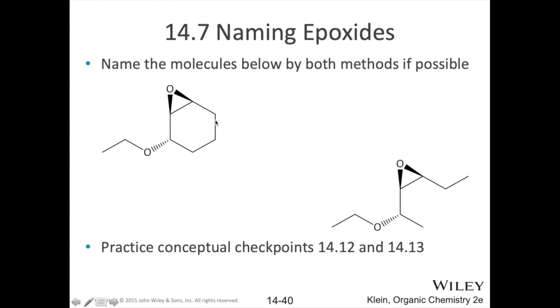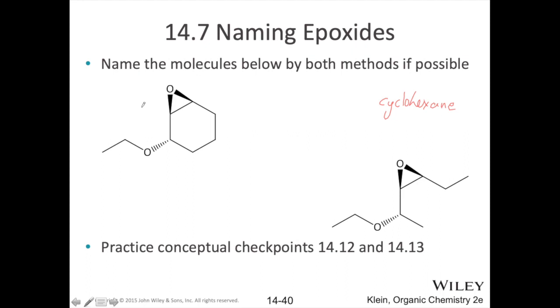So our parent chain here is a cyclohexane, right? So let's start off with that. So we have a cyclohexane. Okay. And so, our priority here, we've got an epoxy group, and we have an ethoxy substituent, rather, not a functional group. When we're trying to pick between these, I think they've got equal priority.